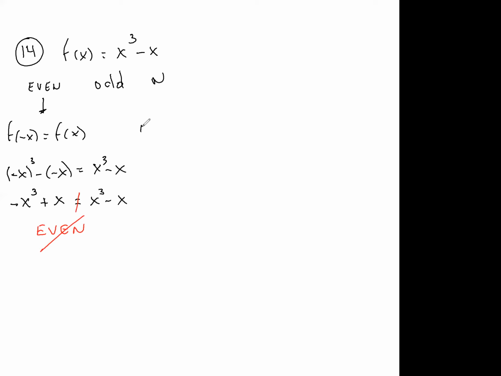Now I try to prove it's odd. The definition for odd says f of negative x equals negative f of x. Now we substitute the negative. Now we multiply the whole function by negative.